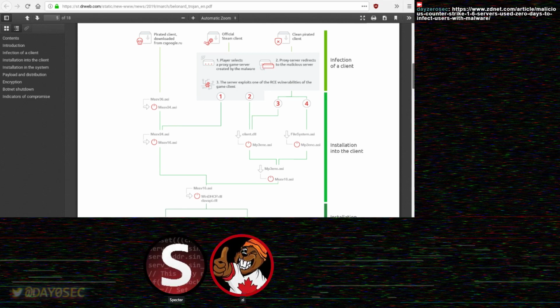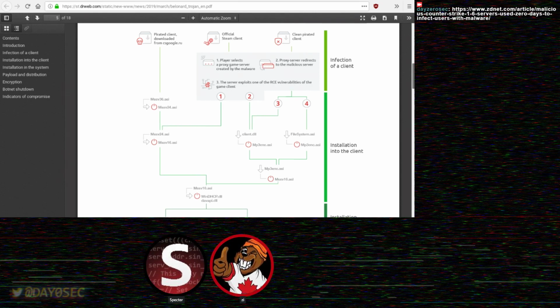The actual use of this malware seemed to be more or less advertising legitimate Counter-Strike servers. I think it promoted both the malicious and the legitimate ones that people paid for, is what I read.